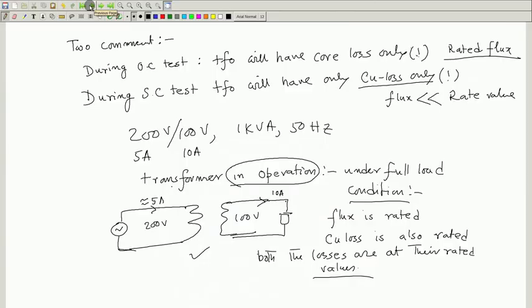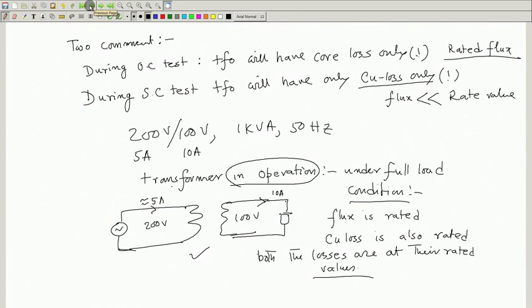Welcome to lecture number 19. In our last lecture, as you know, I was telling you that when a transformer is in operation, both copper loss and core loss will be present.